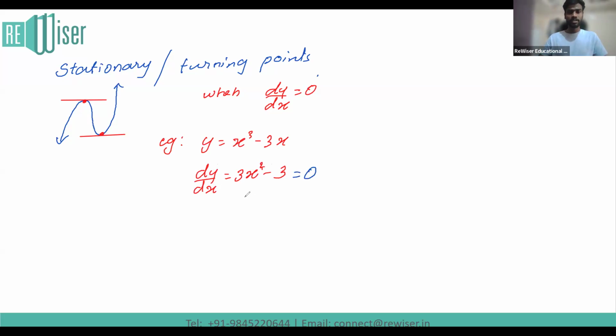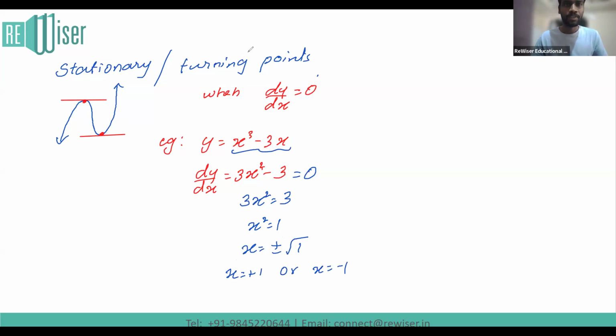So 3x squared equals 3, then x squared is 3 over 3, which is just 1. So x is plus or minus the square root of 1. So x equals either positive 1 or negative 1 are the x coordinates of the stationary points. If I need to find the corresponding y coordinates, I have to substitute into this function to get the result.